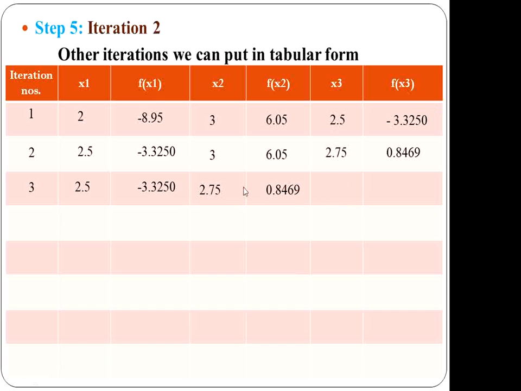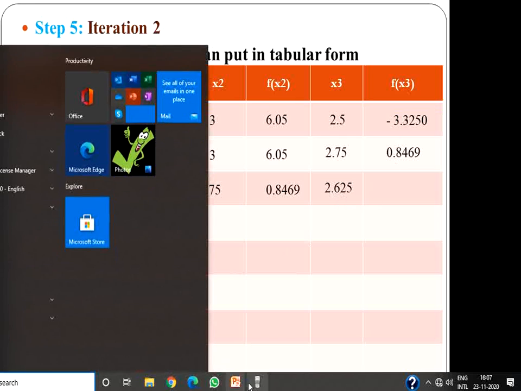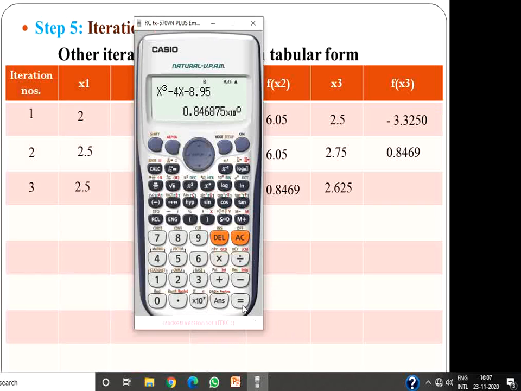Now for x3 we can calculate by using 2.5 plus 2.75 divided by 2, so we will get 2.625. Again for 2.625, what is the function value? We can make use of the calculator again, say equal to, what is the value of x? That is 2.625.